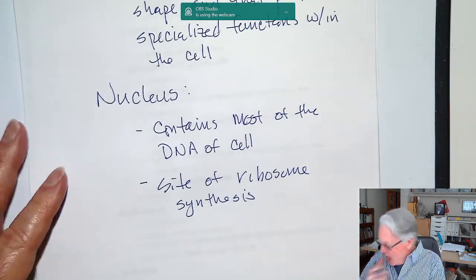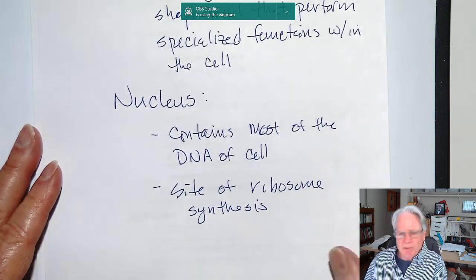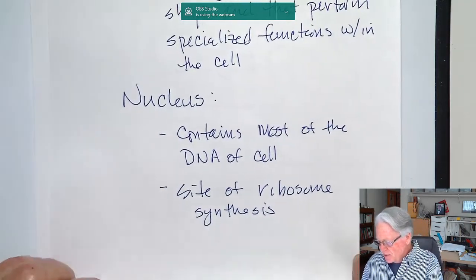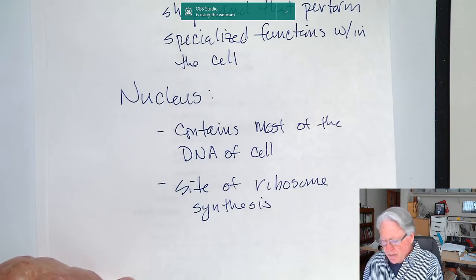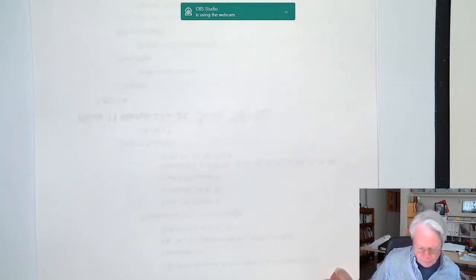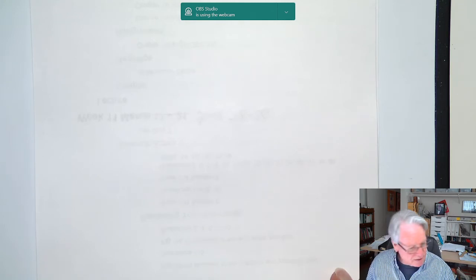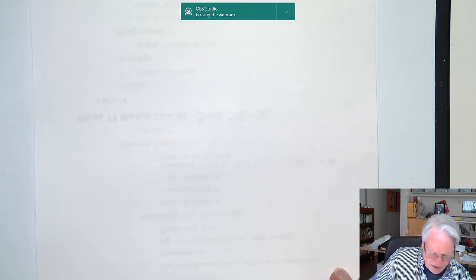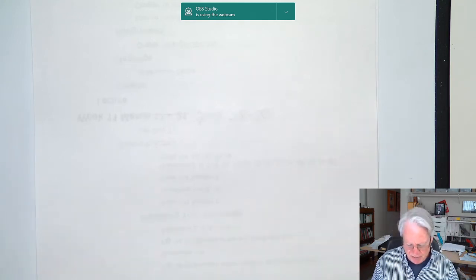Well, let's go on now and start focusing a little bit more in depth on many of the things that we've just listed as major parts of the cell. Okay. And the first thing that I would like to do is take a look at the plasma membrane. And to do that, I've got a nice little overhead.